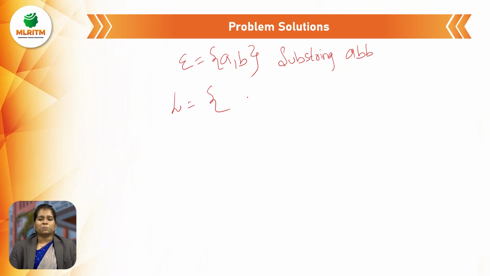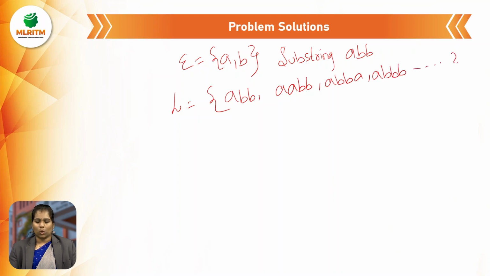Substring means prefix or suffix, so ABB can occur before the string and after the string also. So ABB, AABB, ABBA, ABBB and so on.